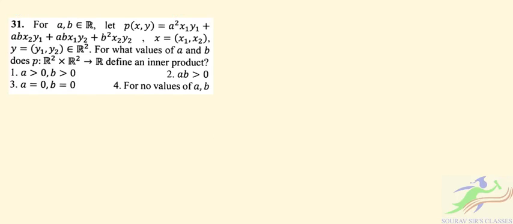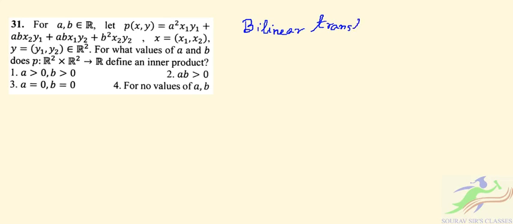So this is question number 31, for a and b belonging to the real space. P of (x, y) is given by an equation, where x and y are points that belong to the space R2. We have to find for what values of a and b this bilinear transformation defines an inner product.